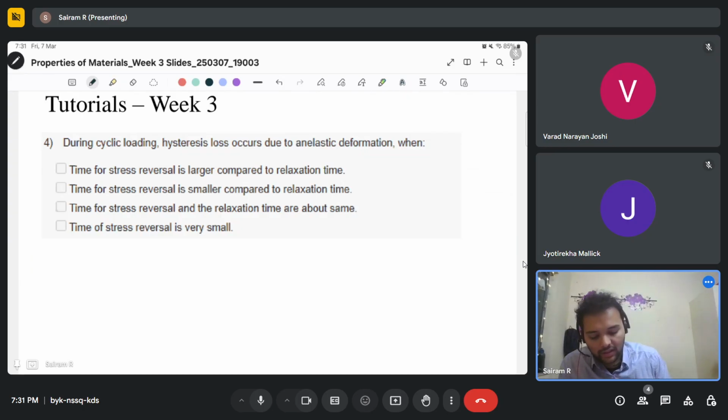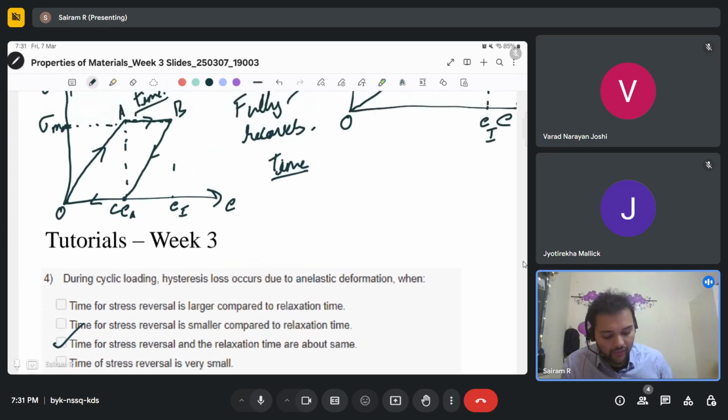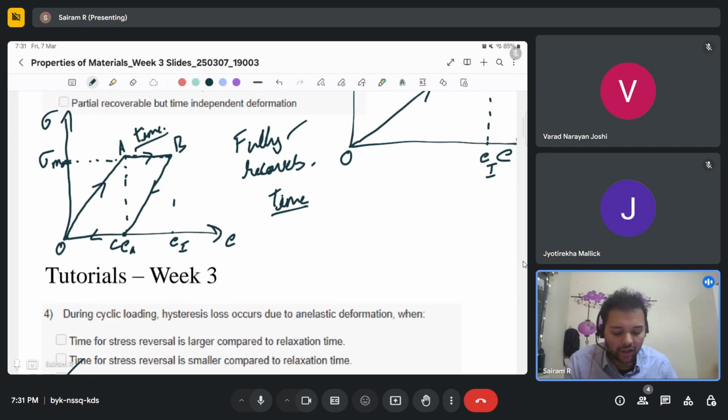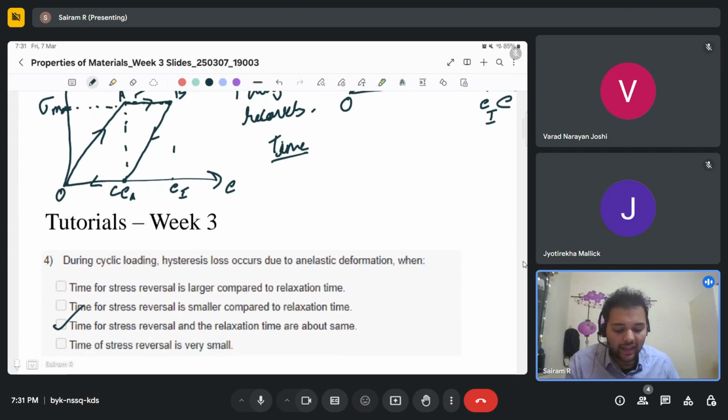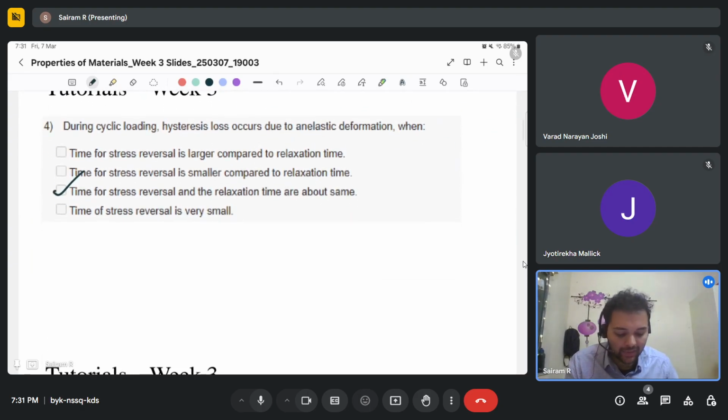So we haven't touched upon the concept of relaxation time as such. The equilibration time that we mentioned between point A to point B, or between point C to point O, we can term these the relaxation times.